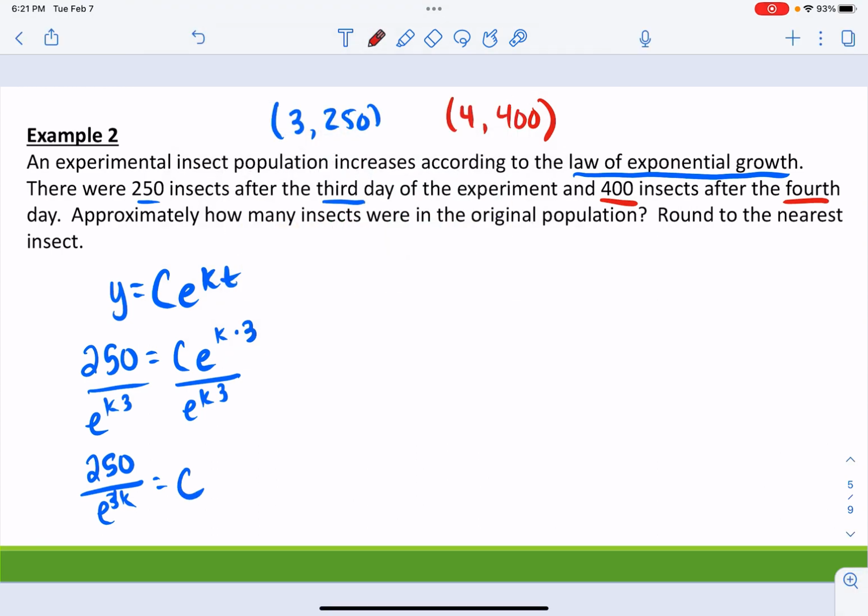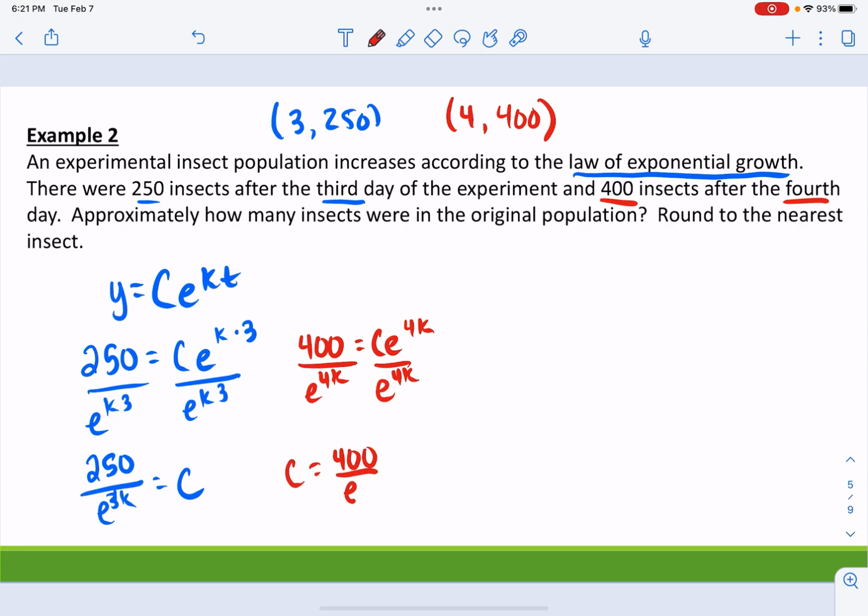So what I'm doing is I'm just plugging my points into that general equation I have, and then solving for C, so that I have a system that I can solve.